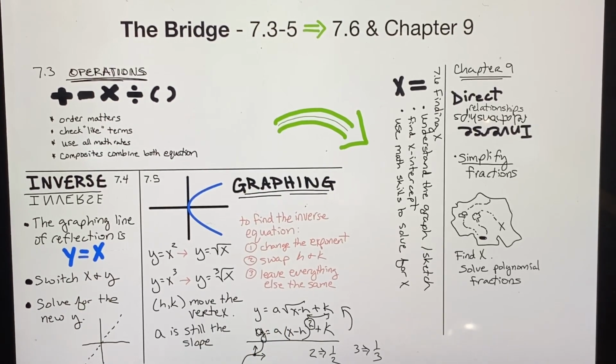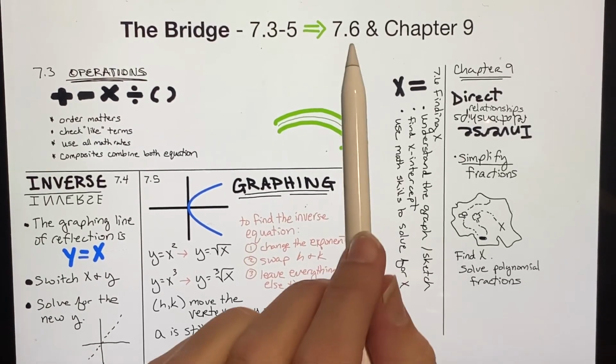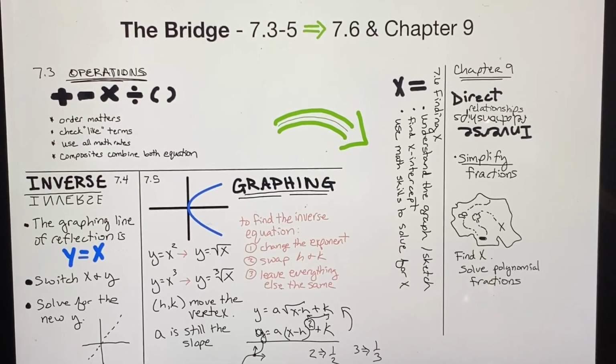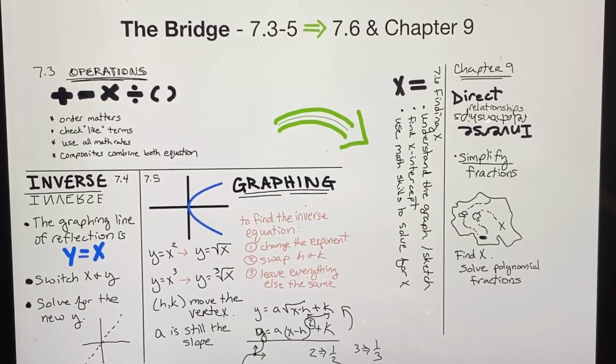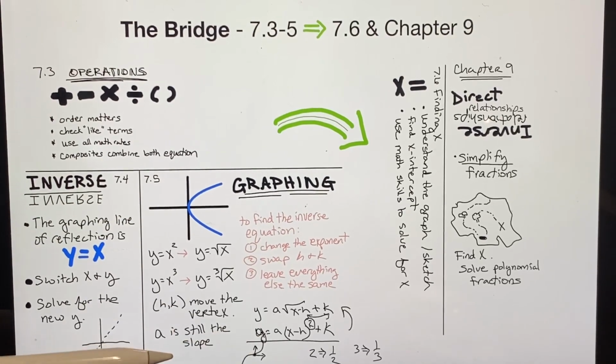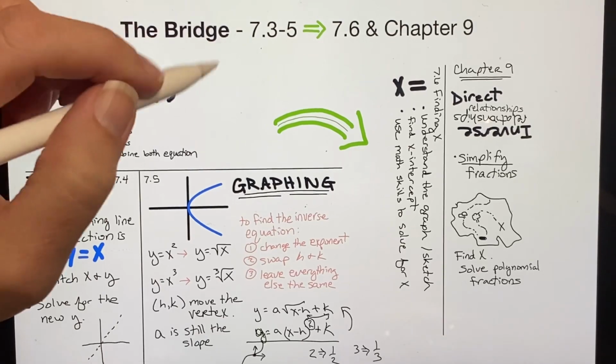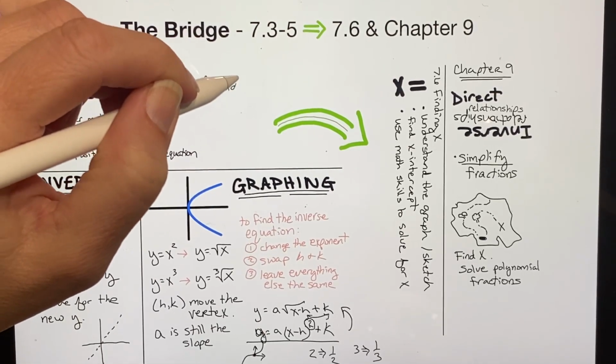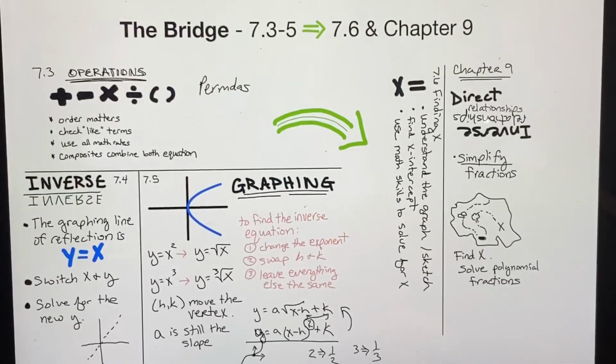And then we're going to take all of that information that we practiced this week, and next week, we're going to look at 7.6 and chapter 9. And how those tie together is in 7.6, we are now going to be actually finding our x. We're going to use all of the new tools that we have in our tool belt, maybe from finding inverses, maybe knowing how to graph, how to write our inverse graph and our inverse equation, use our operations and our order of operations, and use our wonderful PEMDAS, and we are going to actually find a solution for x.